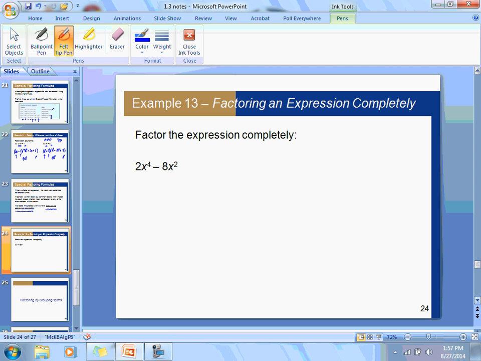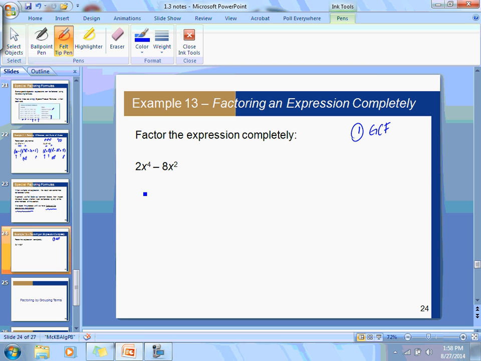So the very first thing that you always want to look for, always, always, always, is taking out a GCF. That should always be your first step. And usually it's one that students overlook because it's such an easy type of factoring, you kind of forget that it is a type of factoring. Okay, so we're going to look for our common factor. You want to look for a numerical one and a variable factor.